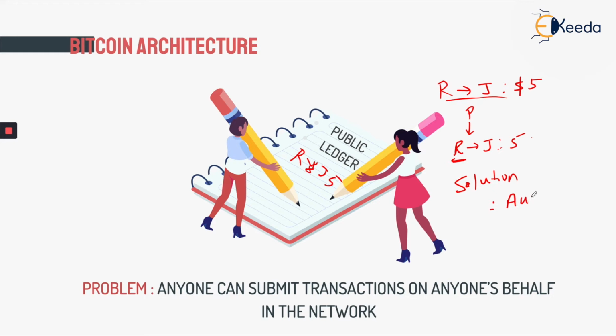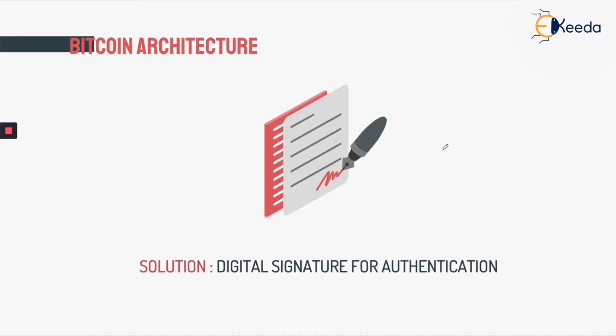If you have enough authentication in the network, only Raghu will be able to do this transaction and add it to the ledger. What is the cryptographic method that is used in authentication? It's called digital signatures. It's not a new concept for us. We already saw what this digital signature is.